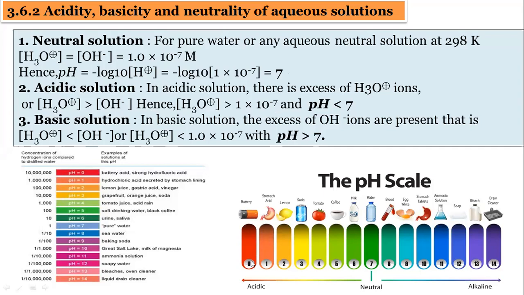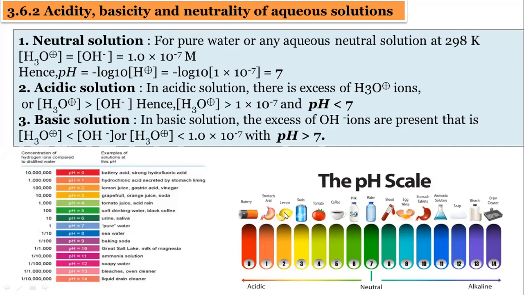So the 0 pH, it is very strong acid, which is used in battery. That is a strong HCl, hydrochloric acid, which is used in batteries, which is having the pH 0. The acid created in stomach is having the pH 1.